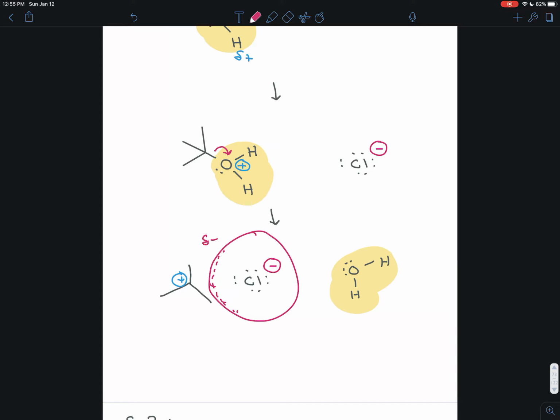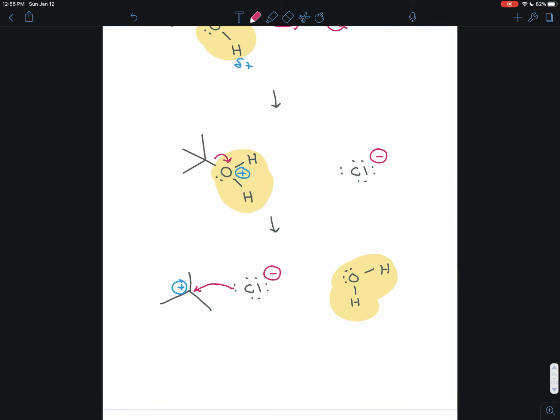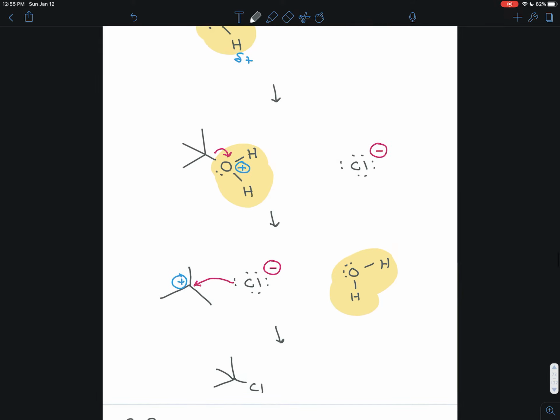That gives that side of the atom an especially negative charge. And what ends up happening is the chlorine can act as a nucleophile and attack that carbon. So that you end up with the chlorine attached to that carbon.